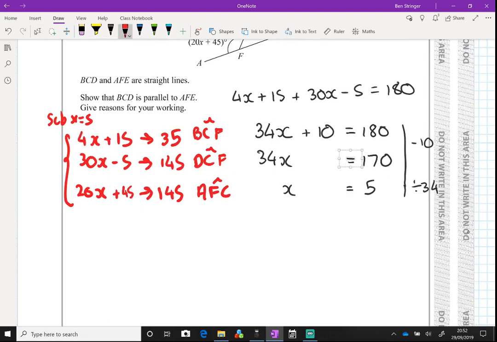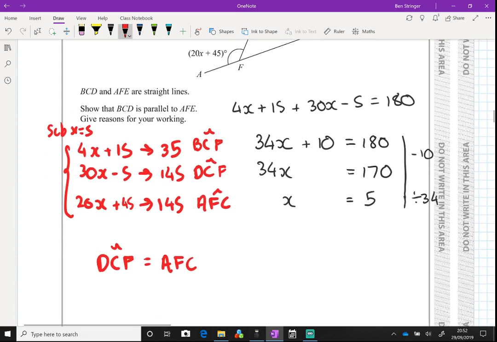So angle DCF is the same as angle AFC, if the lines are parallel. You could even say BCD and AFE are parallel, if you want to be a little bit more precise.